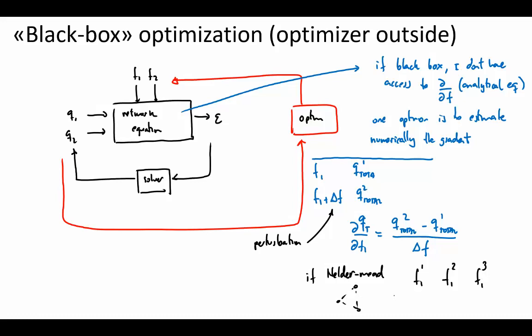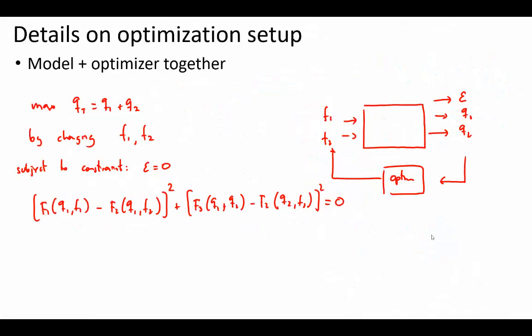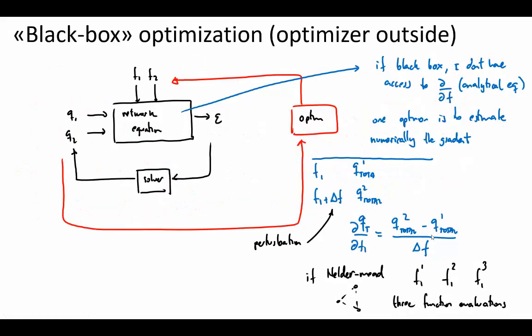These are three function evaluations. And then we have to do this also for F2. So that's why it creates some hassle.